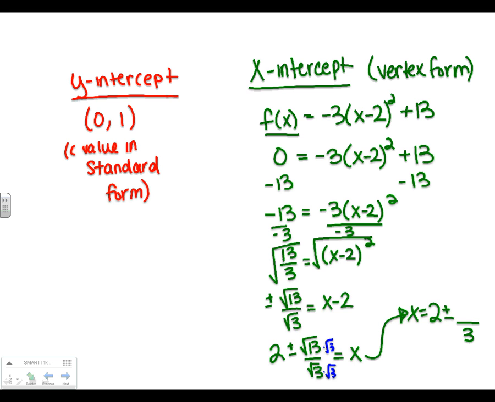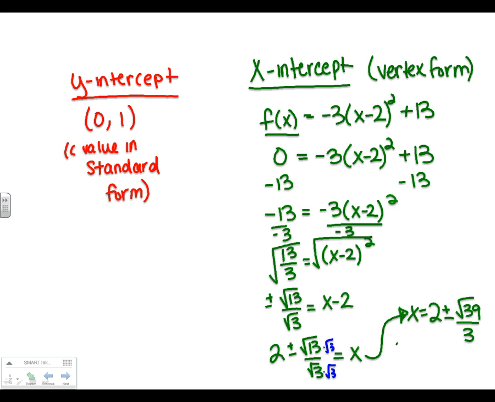So that cancels out in the bottom, so I just get 3, and I no longer have a square root in the denominator. So then we just have the square root of 13 times the square root of 3, which is the square root of 39. So x is equal to 2 plus or minus the square root of 39 over 3.